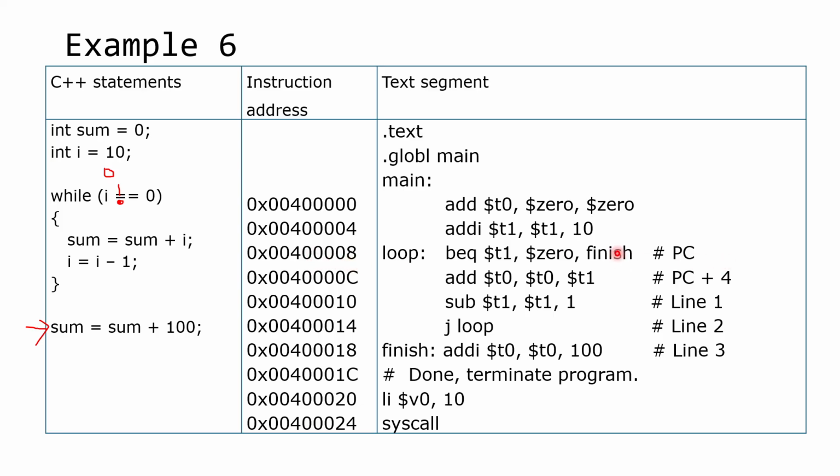And then to go to the finish, they need to go 4 lines. The next one is PC plus 4. We need to consider that when the program has been determined, the PC is already loaded with PC plus 4, right? Then count line 1, line 2, and then line 3.